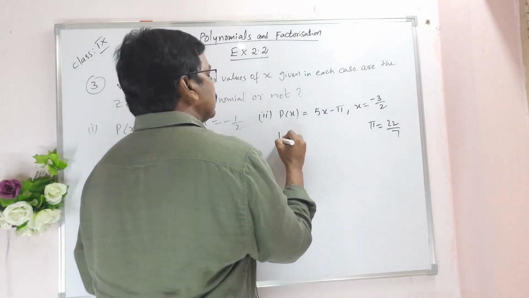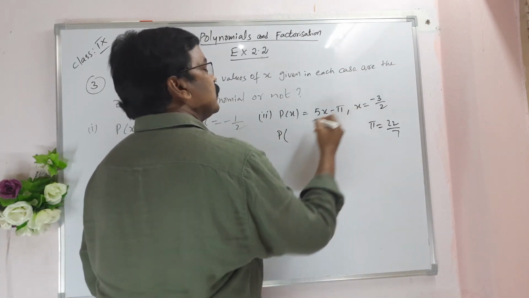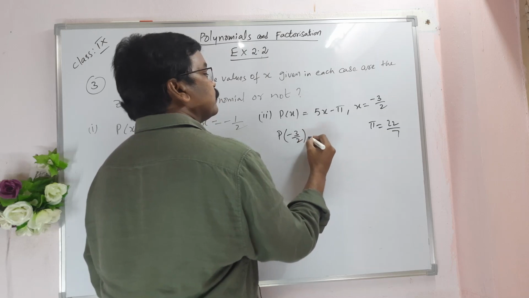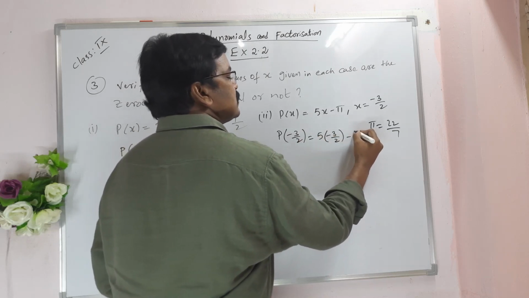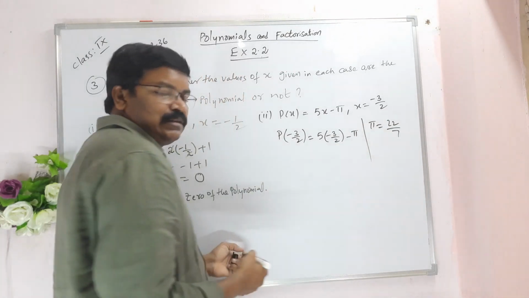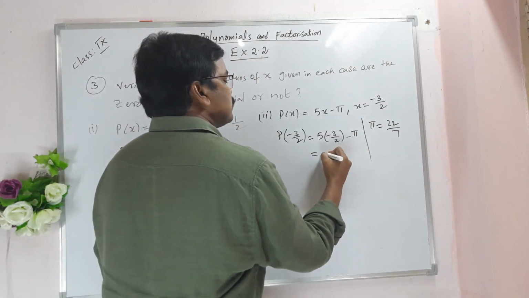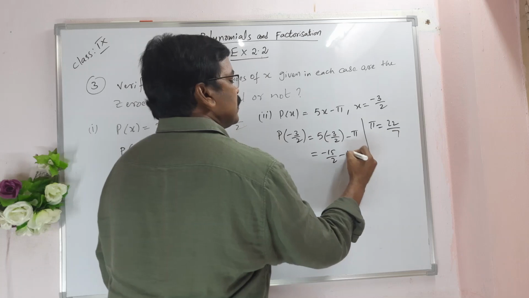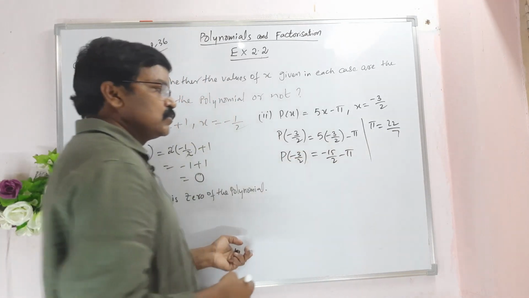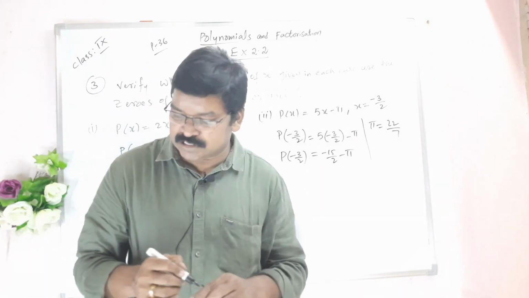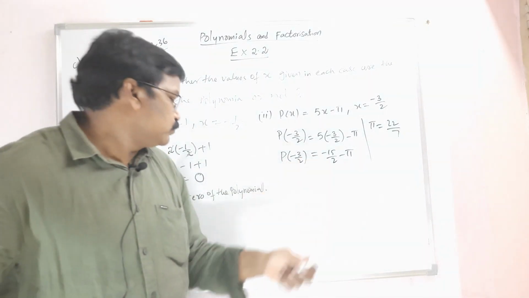Anyway, p of minus 3 by 2 now. That means 5 into minus 3 by 2 minus pi. You can continue with pi like that. So this is minus 15 by 2 minus pi. That is the value.